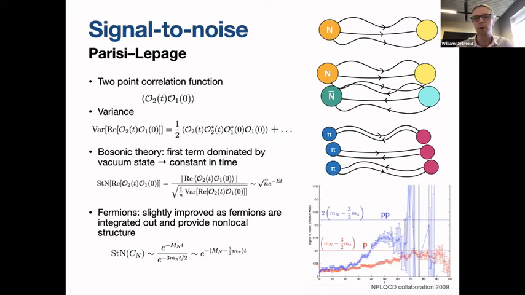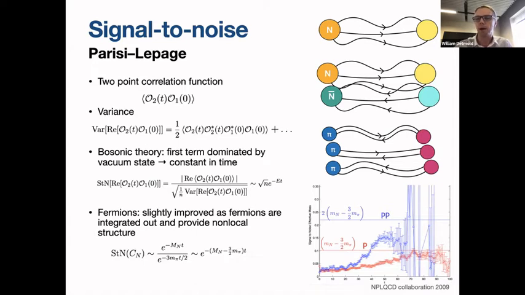So the plot at the bottom right is a study that we did about 10 years ago, where we actually looked at the effective mass of this signal to noise ratio. We did this for a range of different systems. The figure just shows this for the proton in red and for a diproton system in blue.